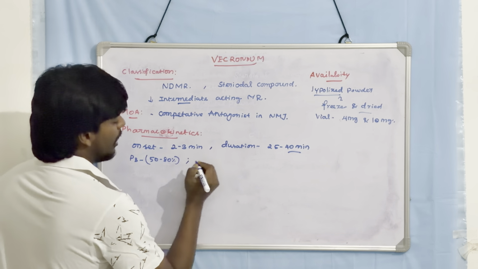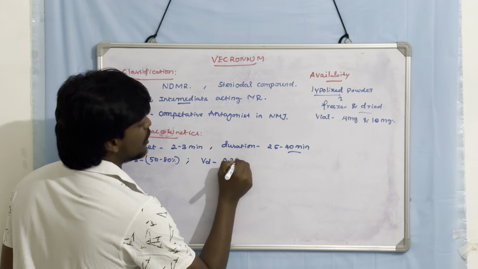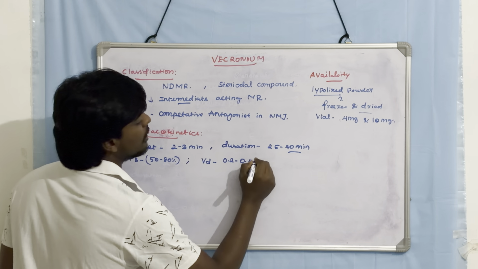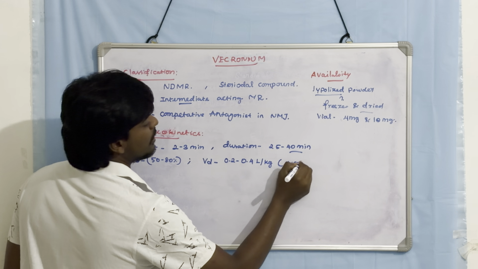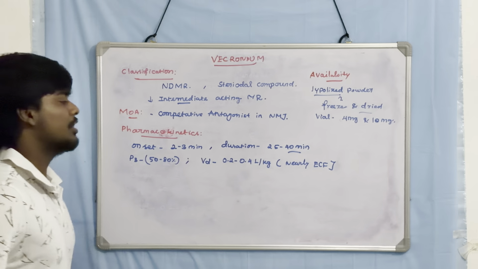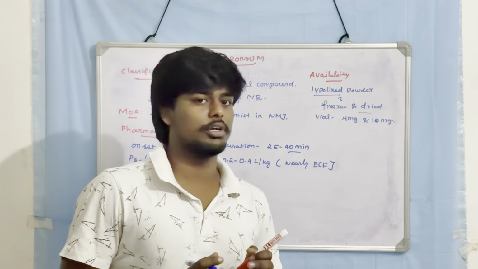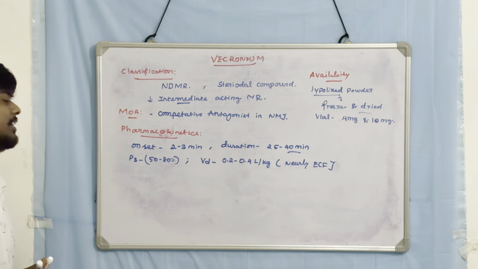And the volume of distribution is around 0.2 to 0.4 liter per kg. It is nearly the body's extracellular volume, that's why the drug is distributed all over the tissue. That is Vecuronium pharmacokinetics.